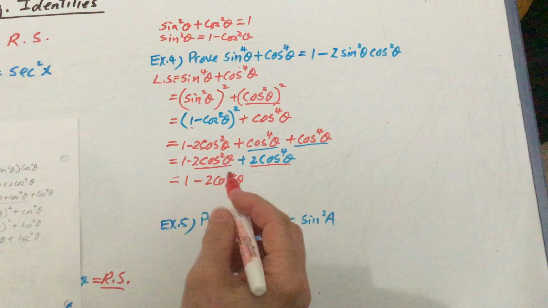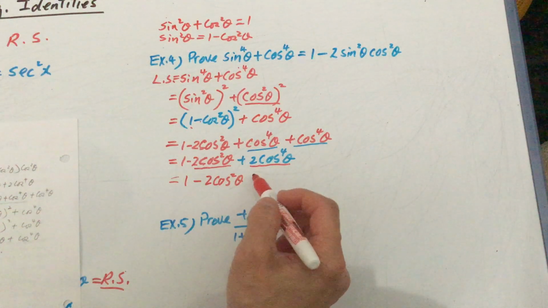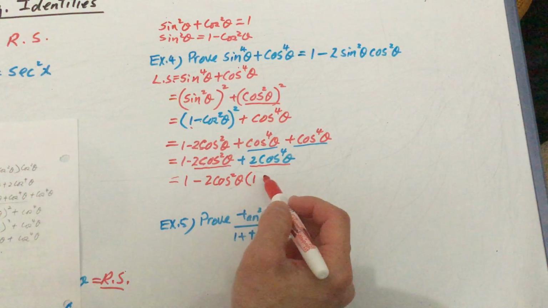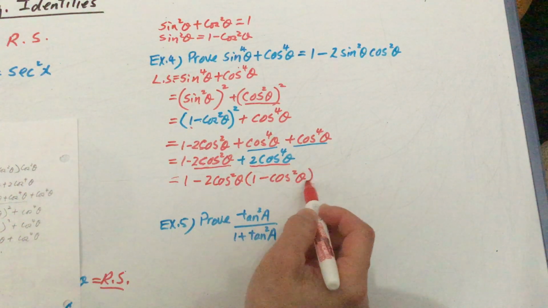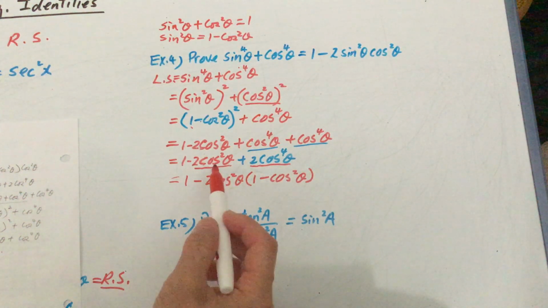Okay, so 1 minus 2 cos squared theta, if I take a factor of 1 minus cos squared theta, I'm getting this back.